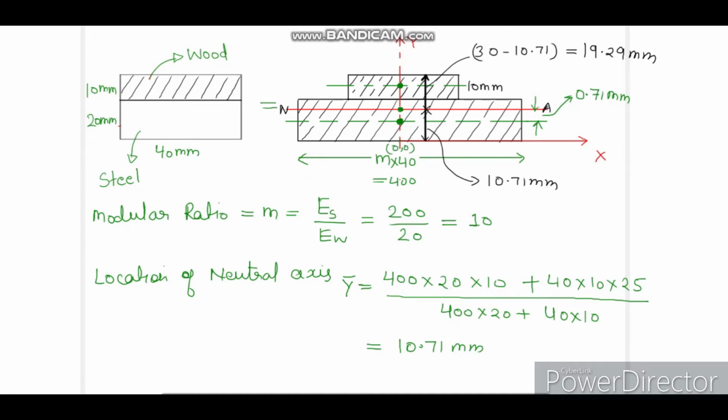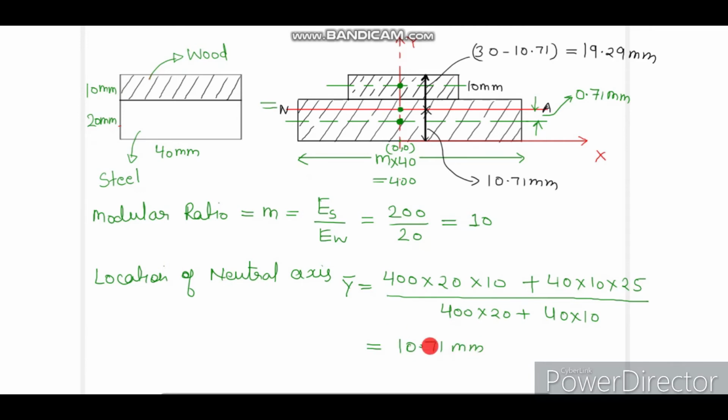So we write 400 into 20, the area of this section, into its centroidal location on the y-axis, plus 40 into 10, its area, into its centroid location, divided by the whole area.